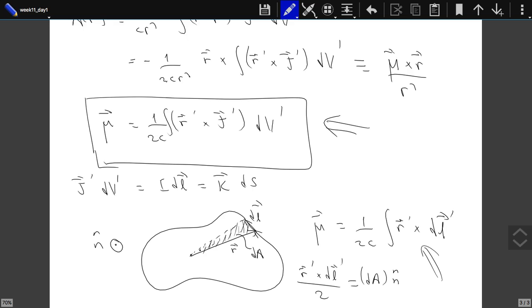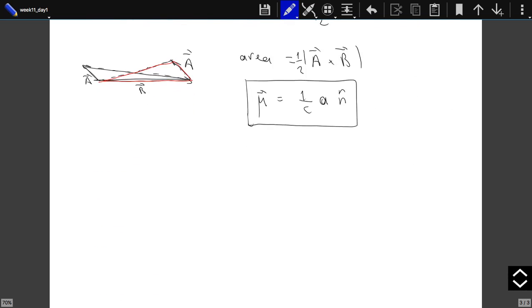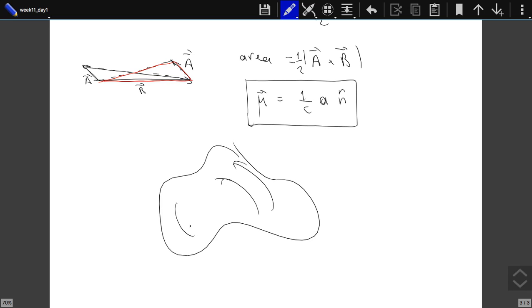In this case, this area, in the direction normal to that area. You see, just imagine any current in your region, any volume current density. Let's say you are calculating the magnetic dipole moment relative to this origin, just like the electric dipole moment.